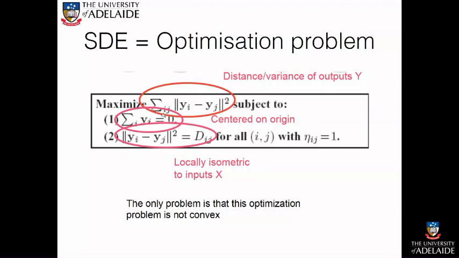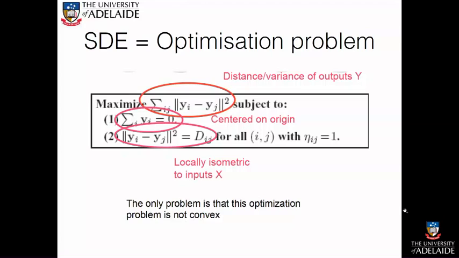And the objective function then becomes to maximize the variance: the sum over i, j of the Euclidean distance between y_i and y_j. This is a variance, just another way to calculate the variance. And it's subject to the first constraint and the second constraint. The second constraint is just to preserve the local distance in the embedded space.